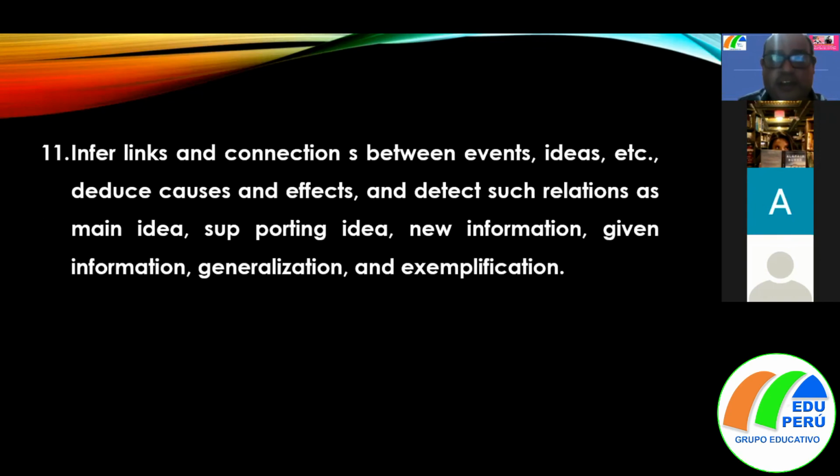And also here you have inferring links and connections between events, ideas, deduce causes and effects, and detect such relations as main idea, supporting idea, new information, given information, generalization, and exemplification. So they are going to infer.